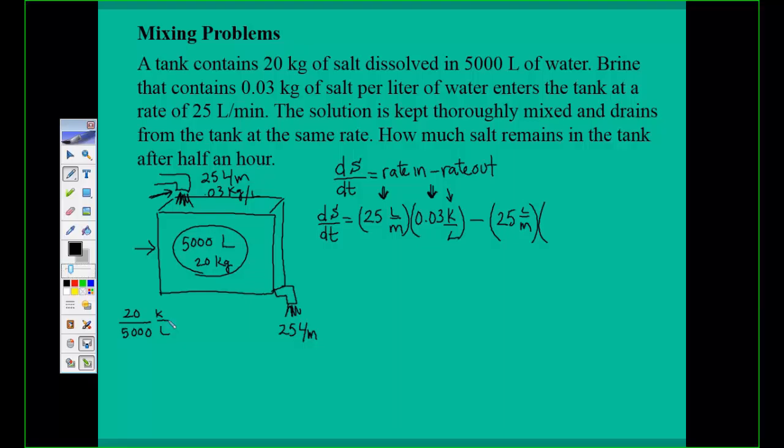That's the initial concentration, but the concentration is changing as it comes out, because this concentration is different than this concentration of 0.03. But we're going to still calculate that concentration the same way. It's the amount of salt, we don't know what that is, divided by the 5,000 liters, and this would be kilograms per liter.